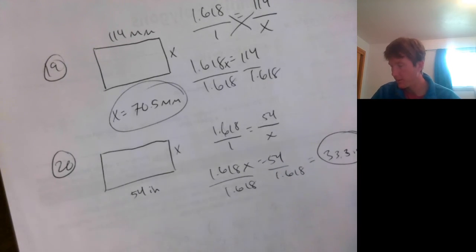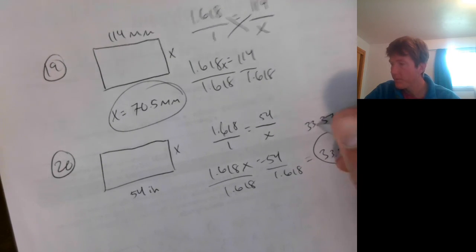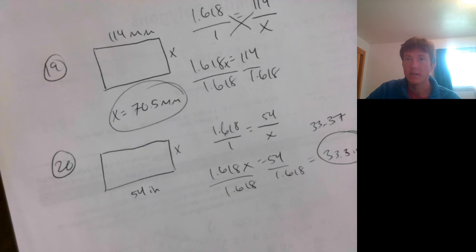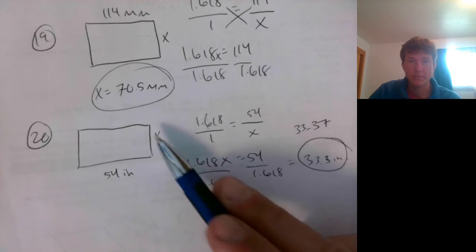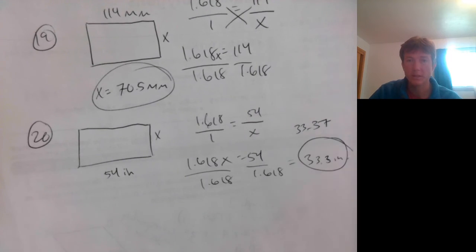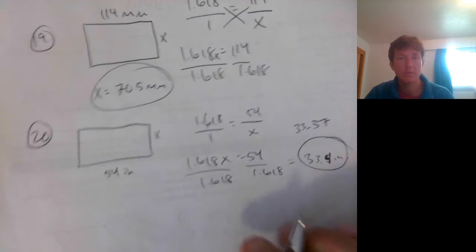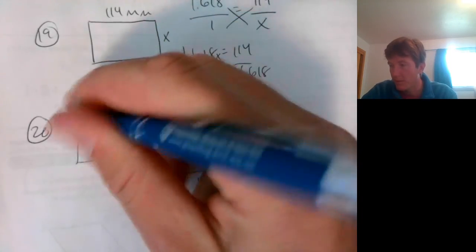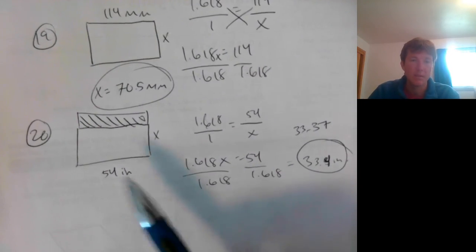Because what I got in my calculator was 33.37. But if I use that number, that's okay. We can round up there. 33.4 inches. Okay. So we're basically cutting out this part of the whatever the bolt is. We're cutting that out, and we're just going to be left with that.